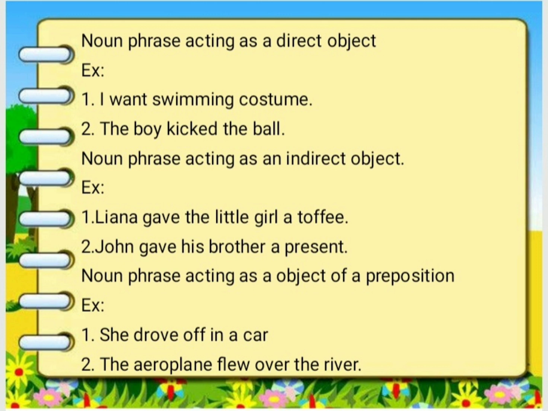So now let's proceed to the given example in number 2. John gave his brother a present. We have two noun phrases in that sentence. The first is his brother, and the second is a present. The verb in that sentence is give, and the action of give is done upon a present.